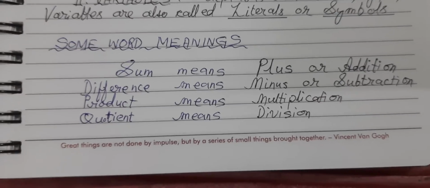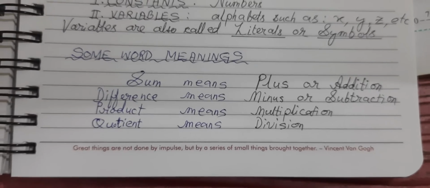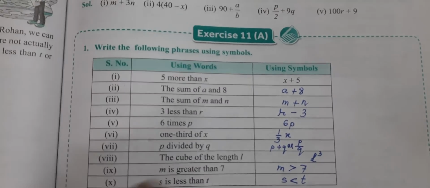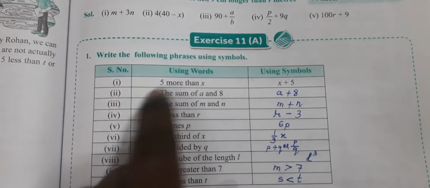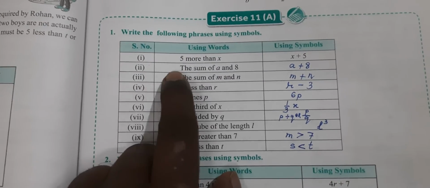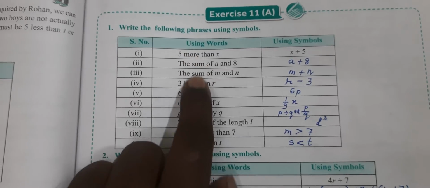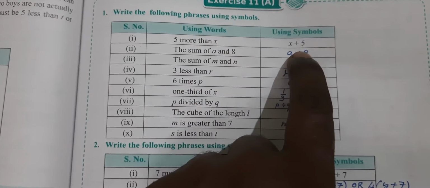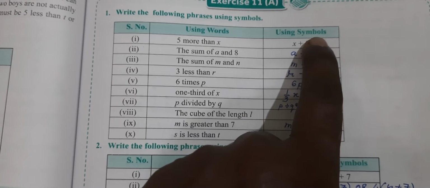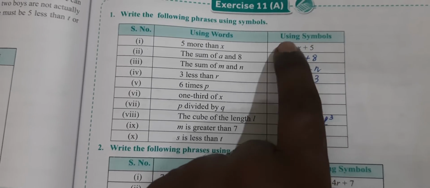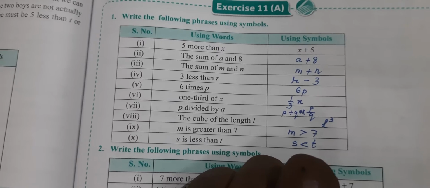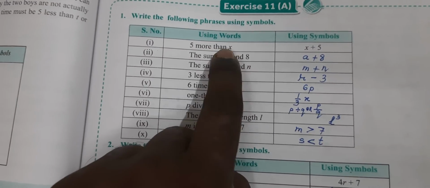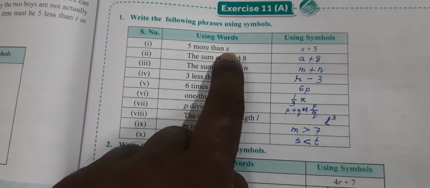So now this exercise is given in your book, exercise 11a. In this you will see the same kind of questions being asked. The sentences have been written in English language. We have to write the same sentence as an algebraic expression using symbols, plus, minus, variables, and we have to follow the sequence of the sentence.